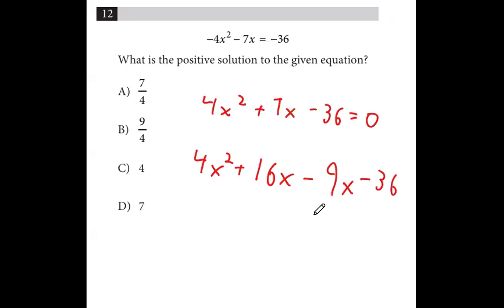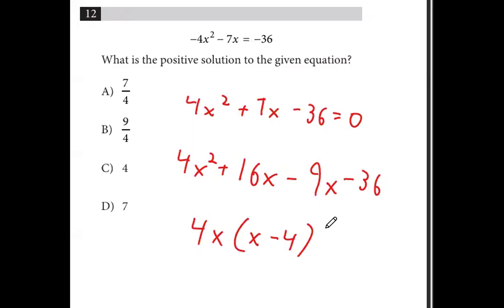And so now we can factor out the common factors. For the first one, it would be 4x as a common factor, and we'd be left with x minus 4. And then for the second, we can make the common factor 9. So we have negative 9 times x, and since we factored out a negative, this would become a positive, so x plus 4.